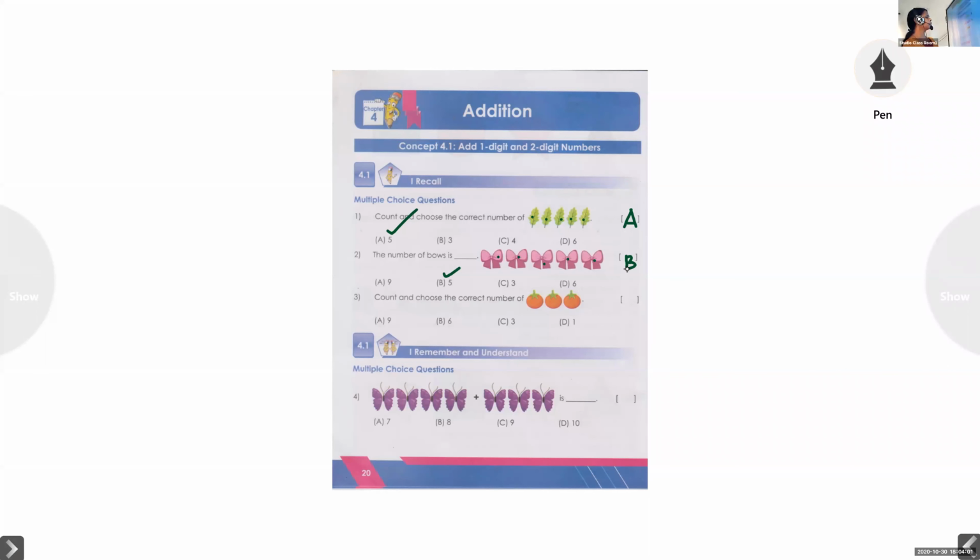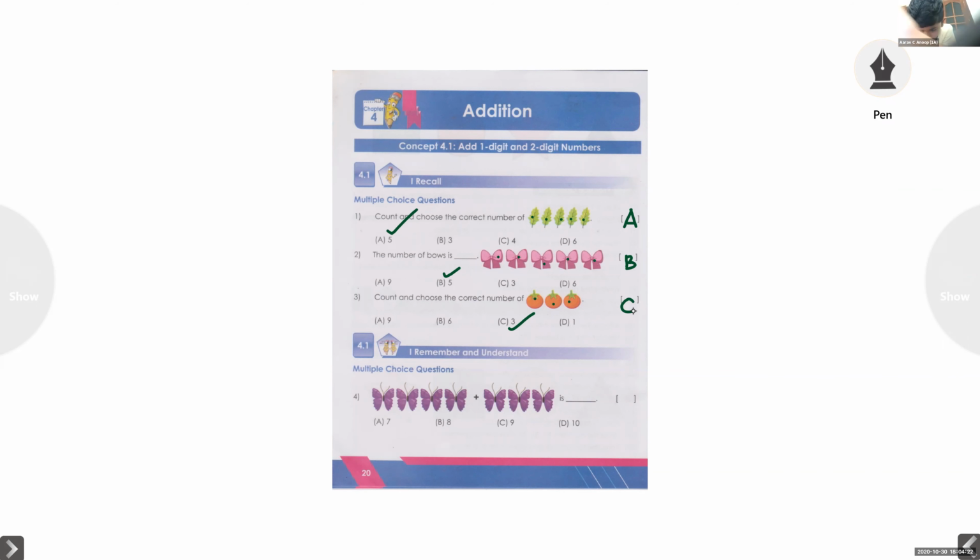How many are there? Count. 3. So 1, 2, 3. Which is the correct option? A or B or C or D? C. Very good. Thank you, ma'am. Okay, welcome.